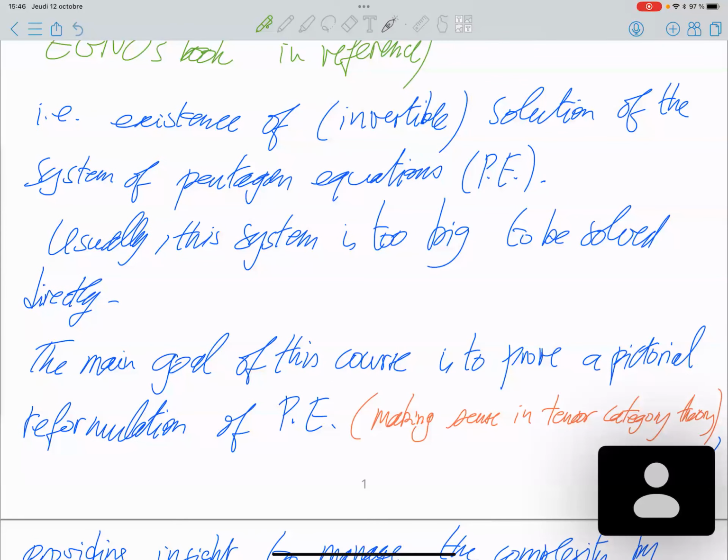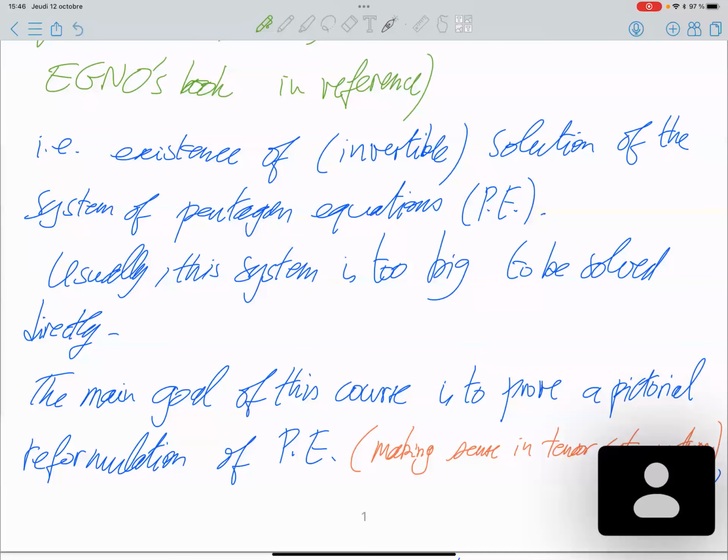As I said, the full system of the Pentagon equation is too big to be solved directly.